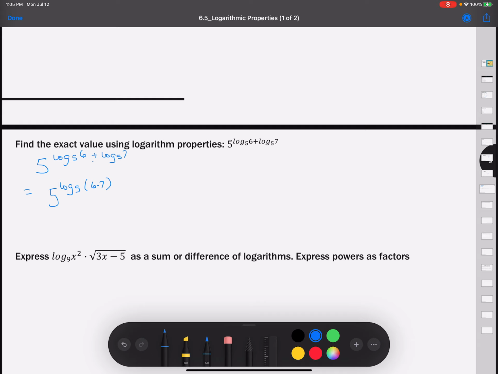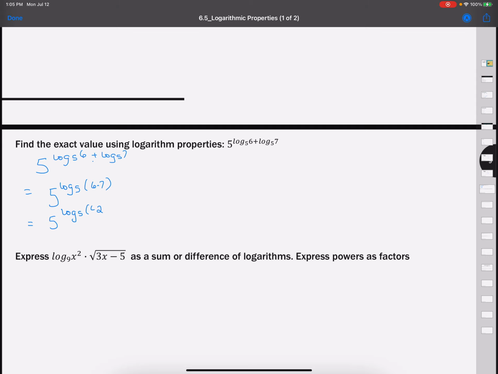That's property number 6, okay? So now we can rewrite this as 5 to the power of log base 5 of 42. Right? So when it's written like this it will equal 42.